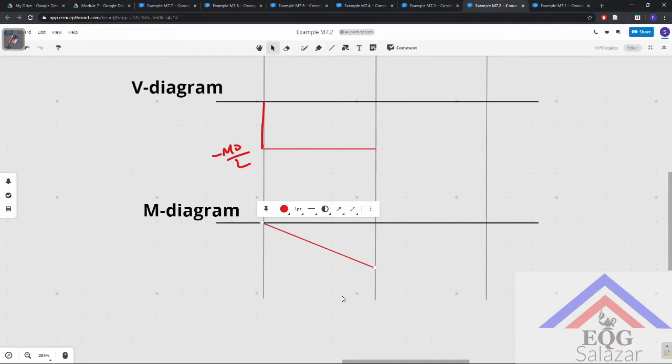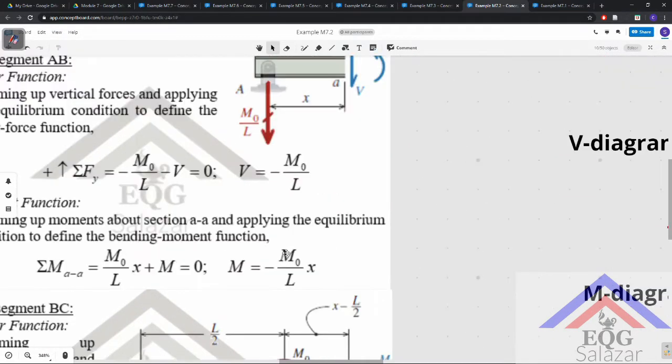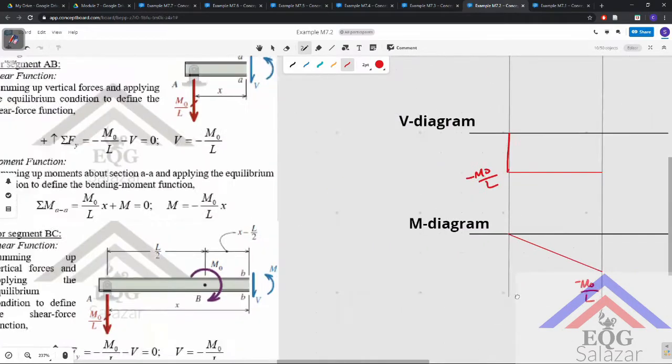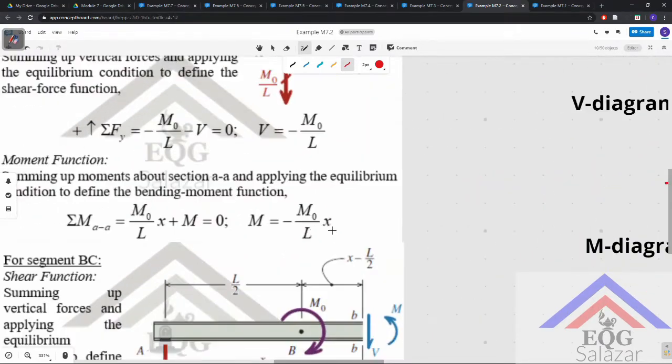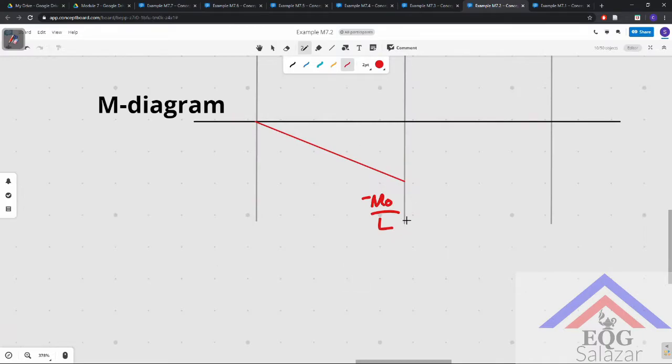So that is negative M naught over L times x. At that point x is L over 2, times L over 2, you cancel out L, and you end up with M naught over 2.